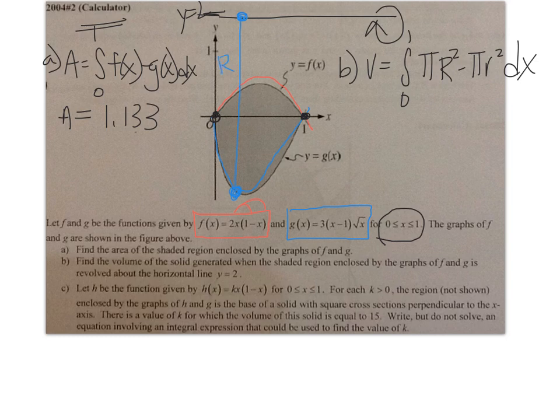That's big R. Little r is from the axis of revolution to this upper curve. Okay. When you're trying to find a vertical distance on the coordinate plane, you can take the upper y value and subtract the lower y value from it. So our big radius is going to be 2 minus g of x.